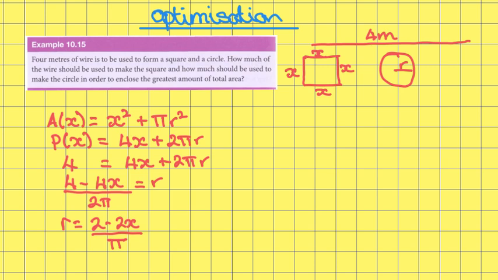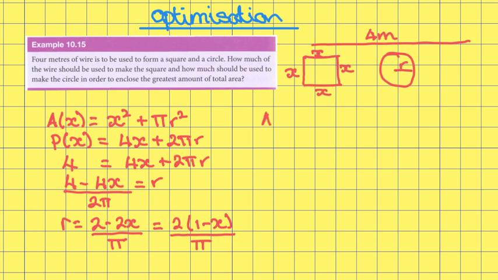I'm going to factorize the top. So I get that to equal 2 lots of 1 minus x over pi. As I'm maximizing the area, I can now substitute back into the area function for r squared.